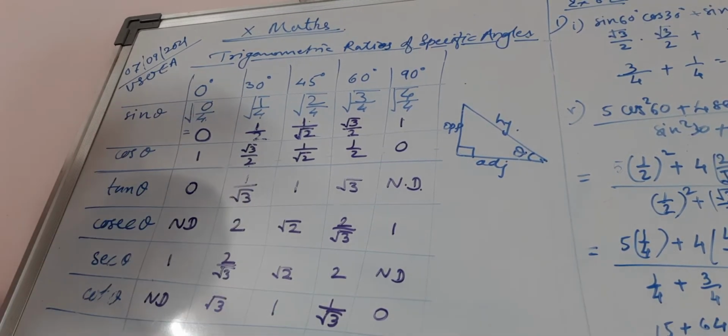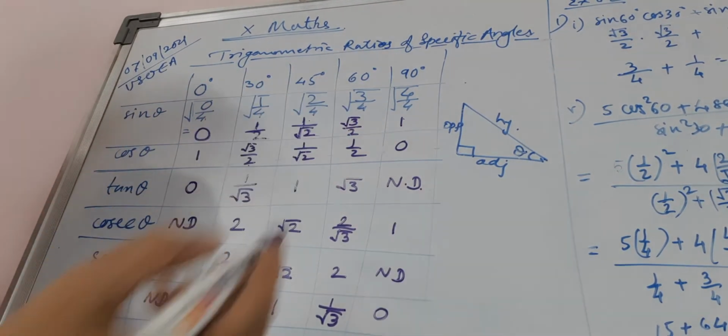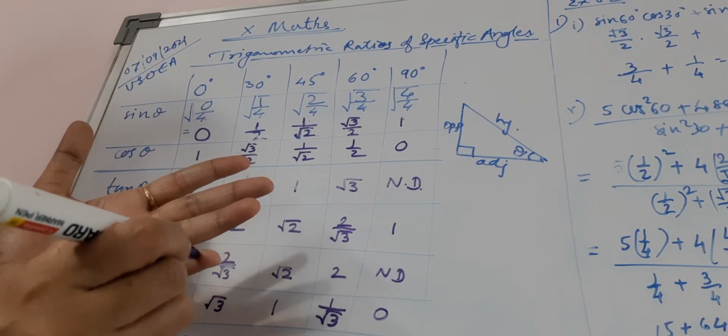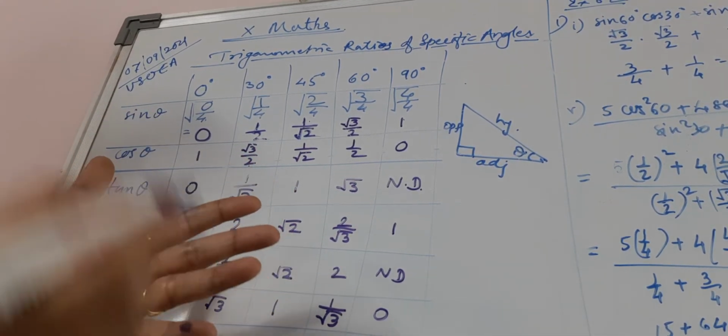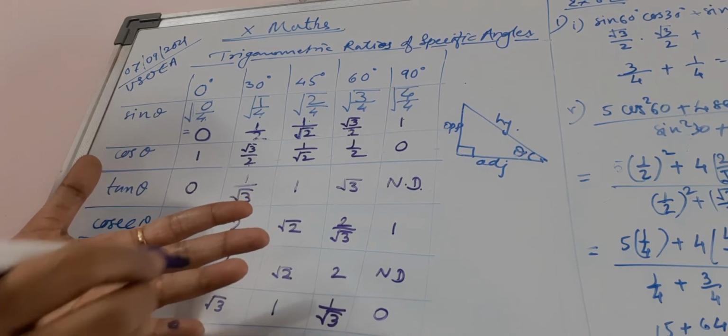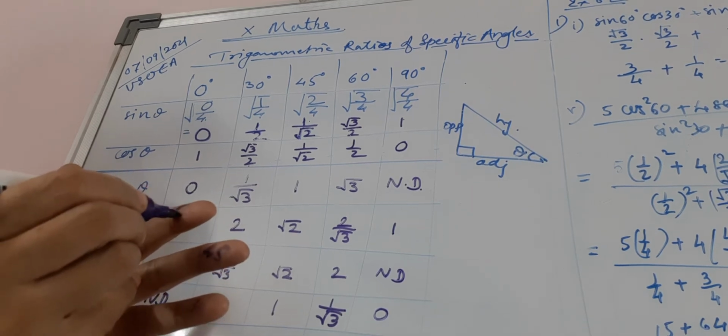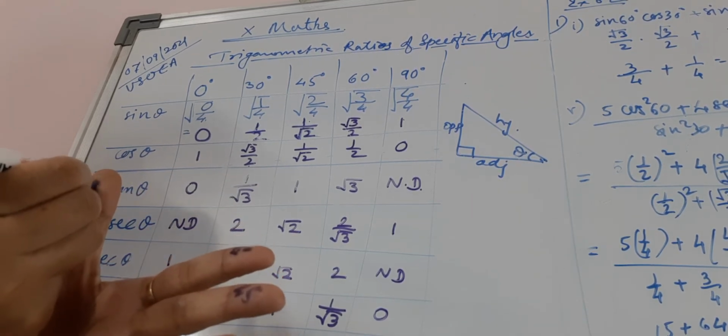The same trick can be used on our hand, because these are the 5 values and we have 5 fingers on our palm. So let us write down in increasing order of the measurement of angles: 0 degree, 30 degree, 45 degree, 60 degree, and this will be 90 degree.